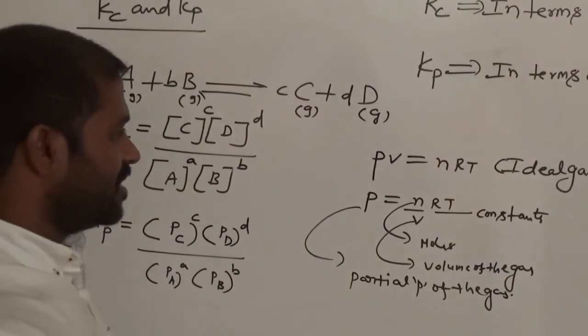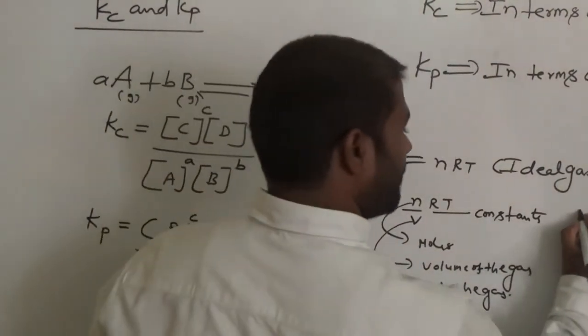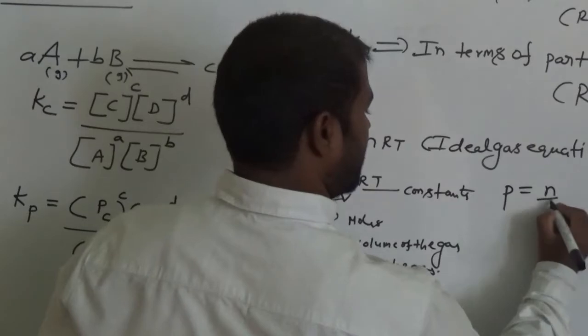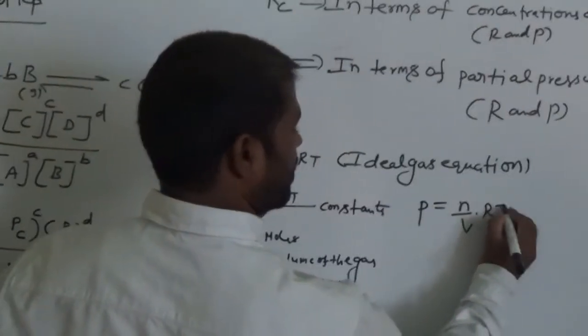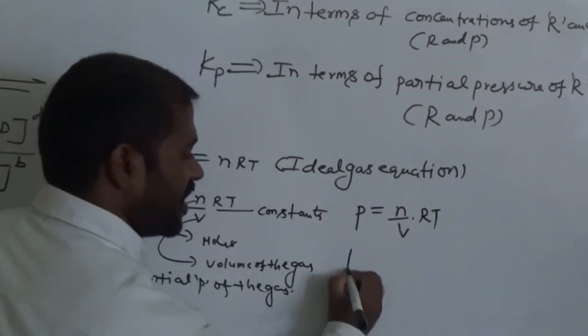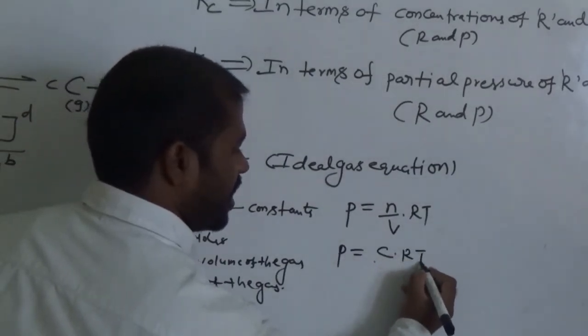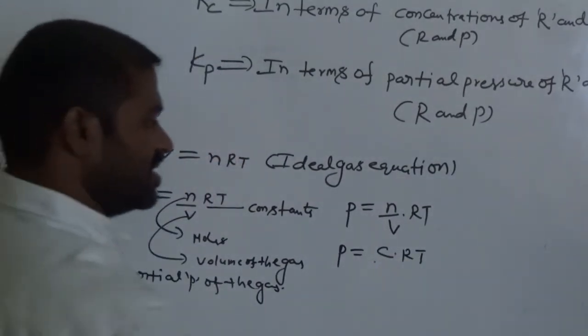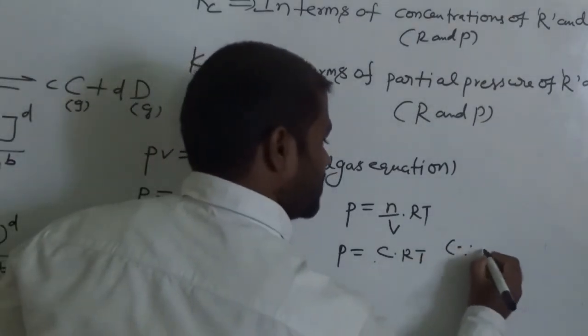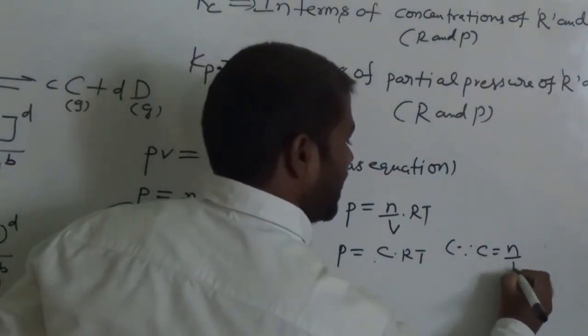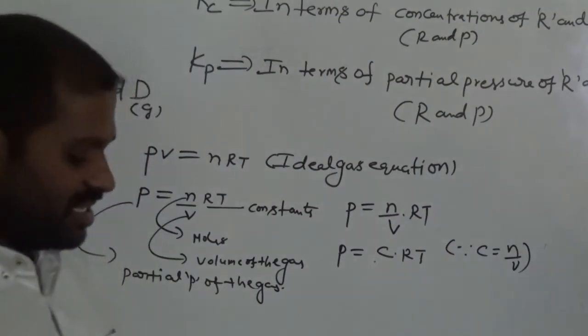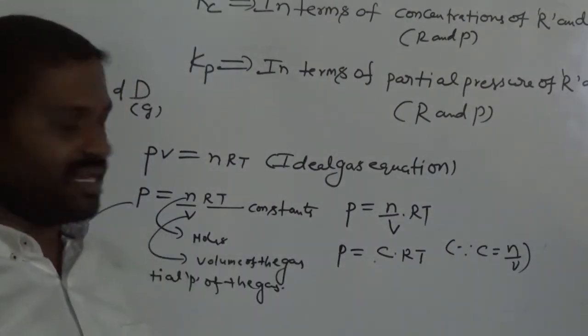Is it clear? So from this expression, P equals n by V into RT. So P equals C into RT, since C equals n by V.